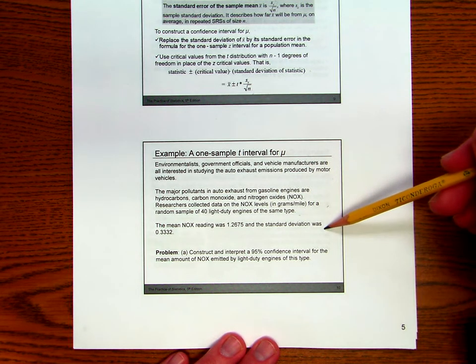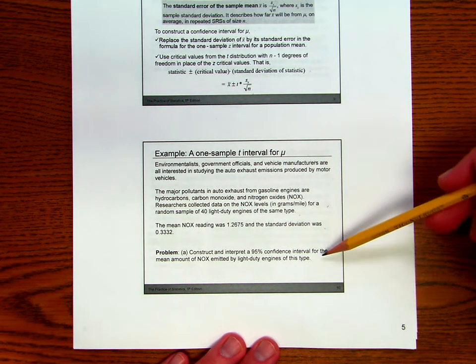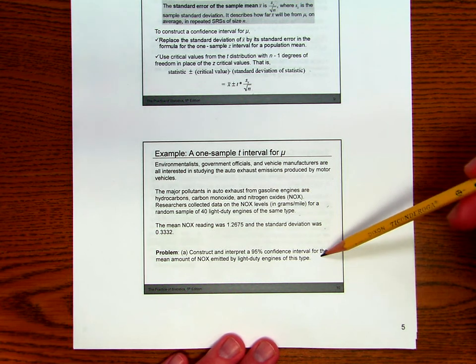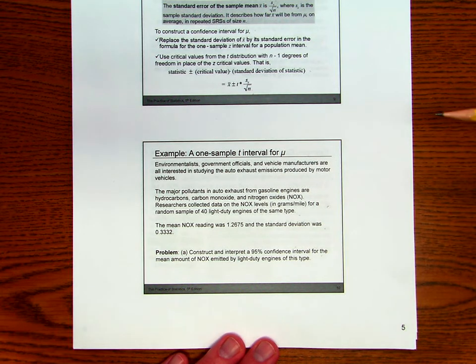The mean NOx reading was 1.675, and the standard deviation was 0.3332. Construct and interpret the 95% confidence interval for the mean amount of NOx emitted by light-duty engines of this type. Remember, it was emphasized, if you see these instructions, unless you're told otherwise, it's the 4-step plan. You're going to have to go through that same skeletal structure we went through with the 8.2 confidence intervals that we constructed.